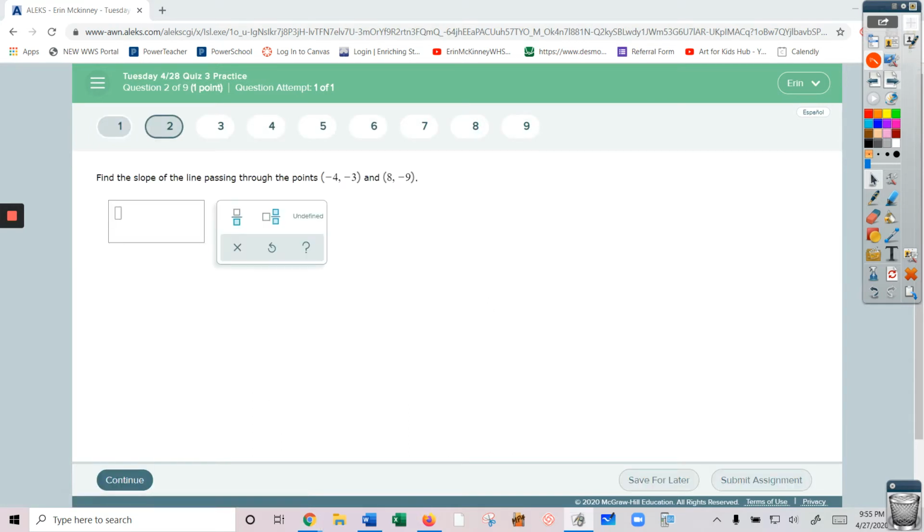Number 2 is asking us to find the slope between 2 points. So remember, if we want to find the slope between 2 points, our formula is y2 minus y1 over x2 minus x1, where every ordered pair is an x comma y. And we have a first set and we have a second set.